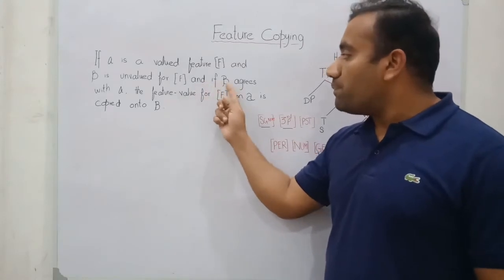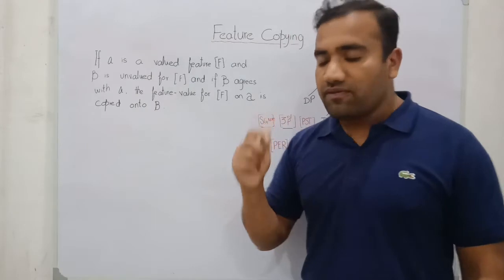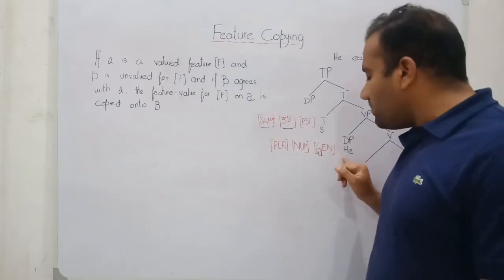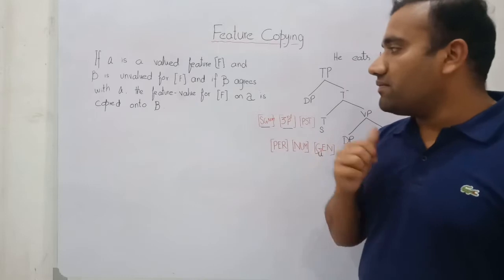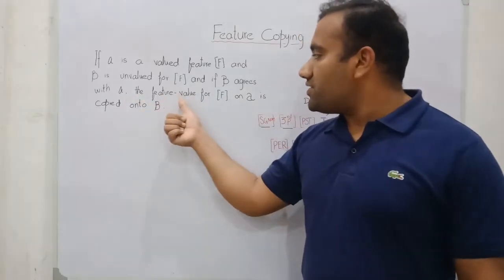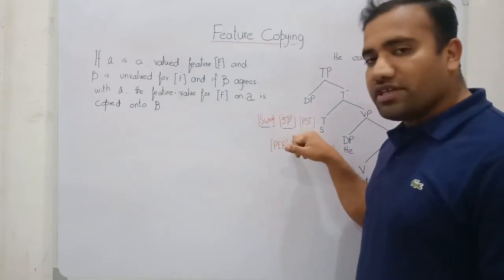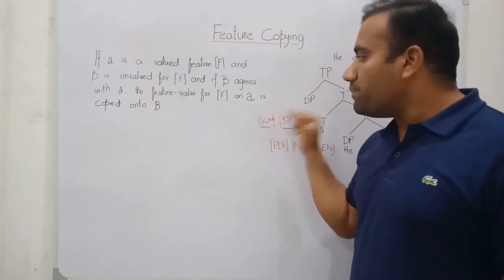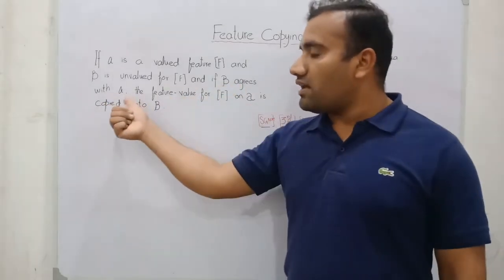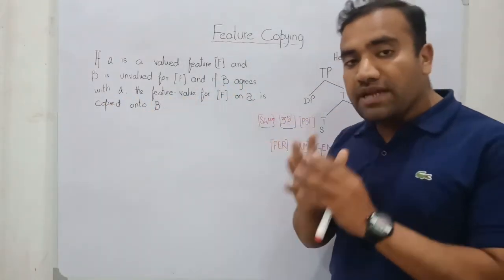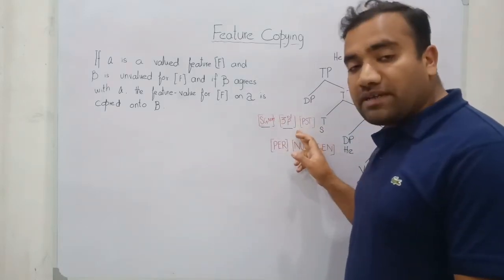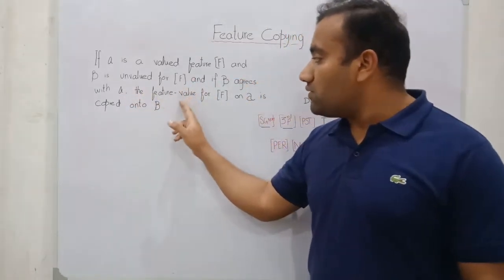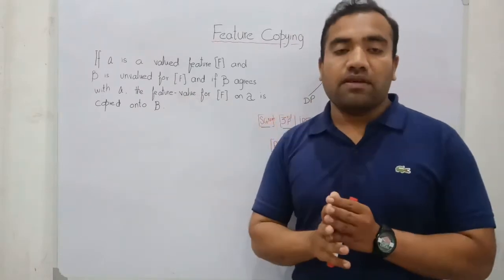If beta agrees with alpha, if this DP agrees with phi T, then the feature valued for f on alpha can value the feature of the beta category, if beta has made the agreement with alpha.